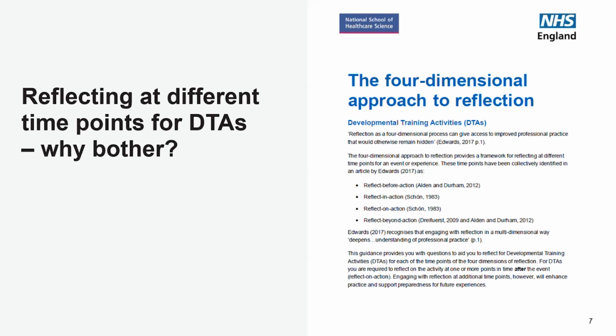There are two ways of looking at this. There's the evidence for your portfolio as one, and the other side is developing the skill of reflection and being a lifelong learner. So you could engage with that cycle that we looked at, that four-dimensional approach to reflection, but you don't need to evidence it all for the DTAs. You might just have one post, one reflect on action, reflection on the activity, and that's enough to satisfy your portfolio of evidence.